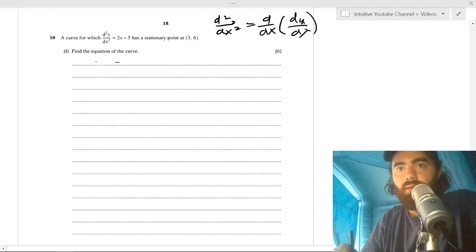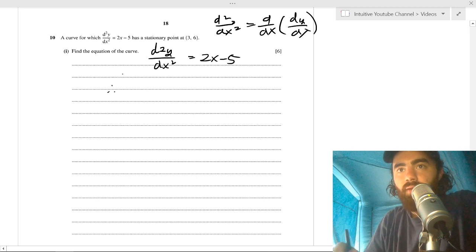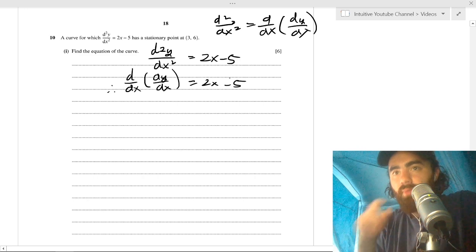Let's take this step by step so we can really see what's going on. So we have d squared y by dx squared equals 2x minus 5, and therefore we have d by dx of dy by dx equals 2x minus 5.